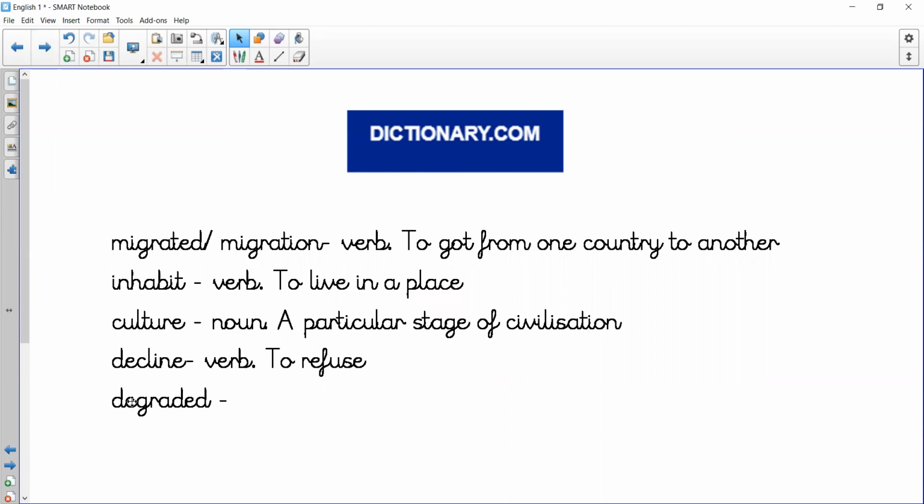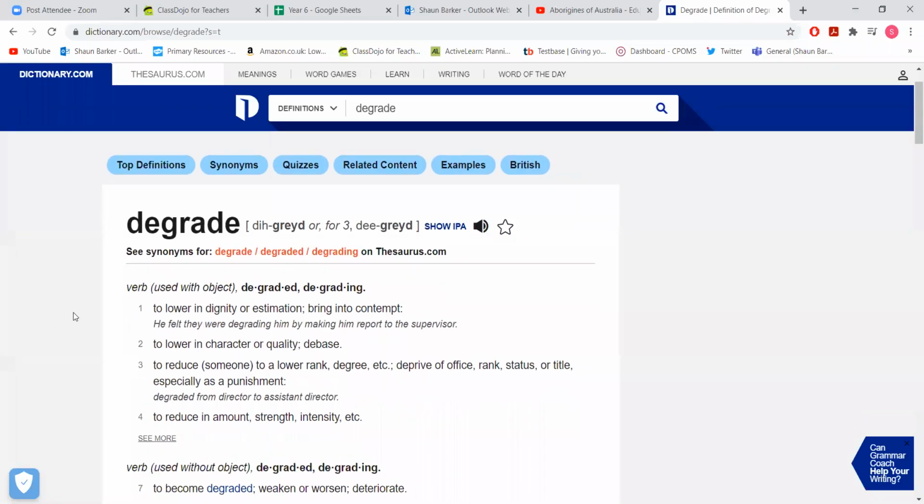So I've not got degraded in here, so I'm going to share another screen with you. Bear with me one second. There we go. So this is the root word, to degrade something. I'm looking here, it's a verb, and there are lots of different ways I could use that verb, but let's see how I was using it.